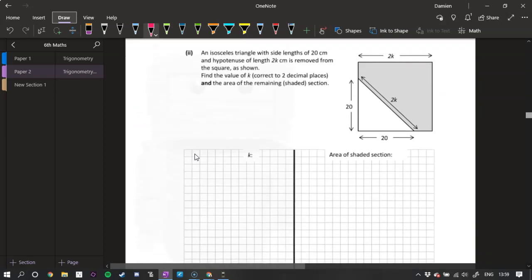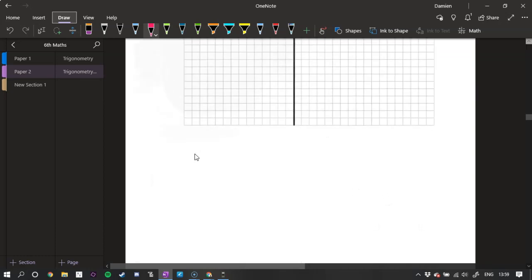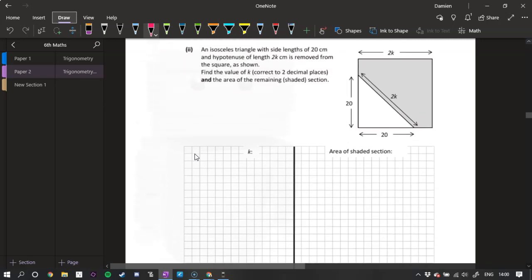So an isosceles triangle with side lengths of 20 cm. So we've got 20 here, so this is your isosceles triangle. You know it's isosceles because the 20 and the 20 are two sides of the triangle.